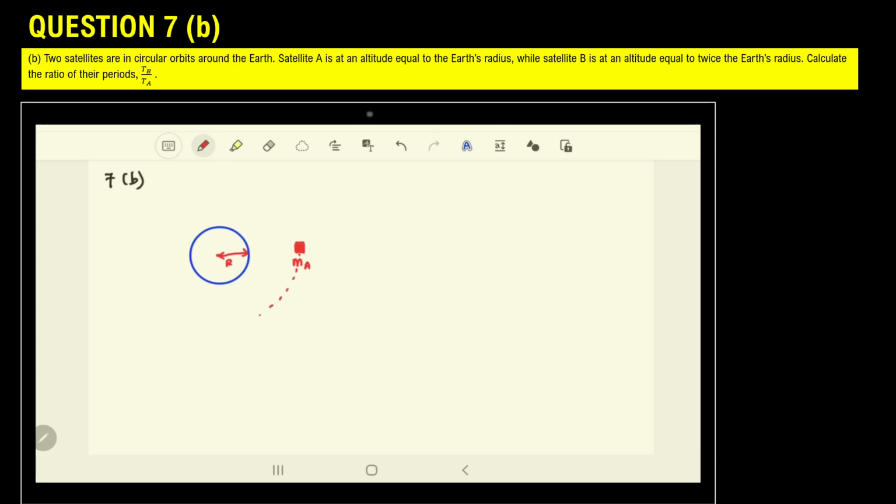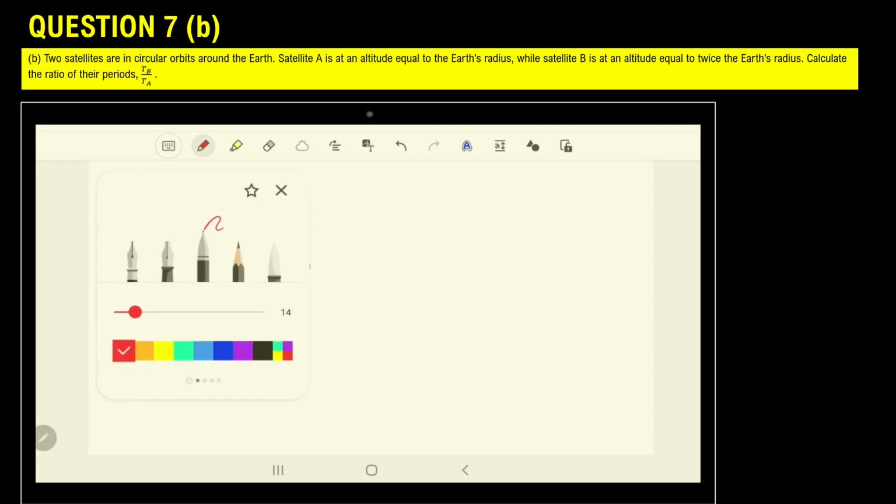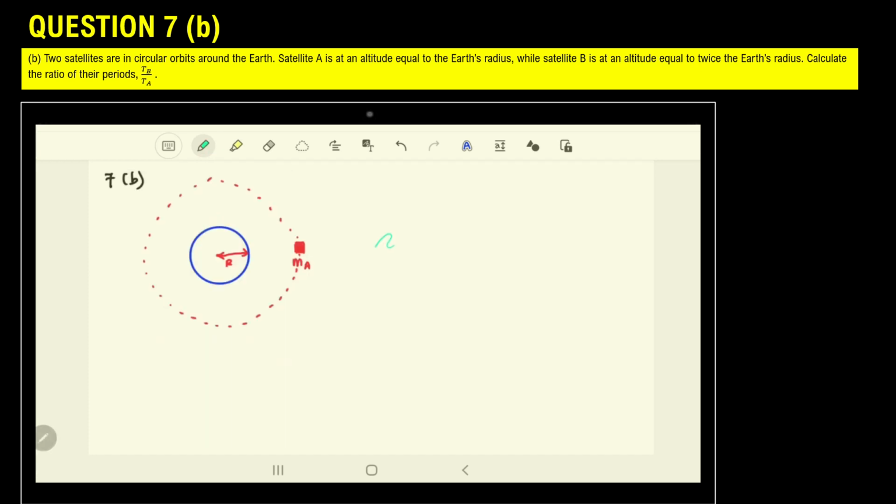Satellite A orbits the Earth at this position. For the second satellite, satellite B, the position is at an altitude equal to twice the Earth radius. Let's use another color. Let's say this is B, MB.